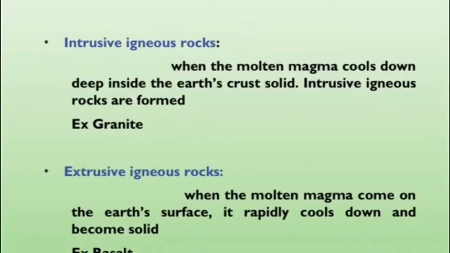There are two types of igneous rocks: intrusive igneous rocks and extrusive igneous rocks. Intrusive igneous rocks form when the molten magma cools down deep inside the earth's crust. This is called intrusive igneous rock.